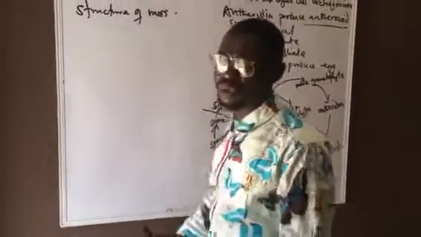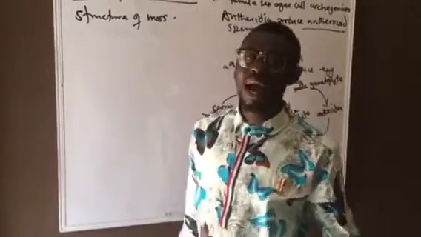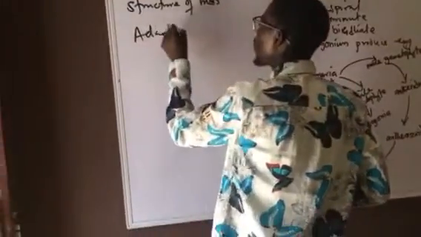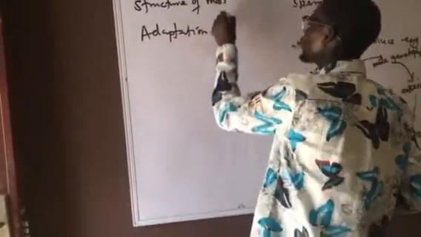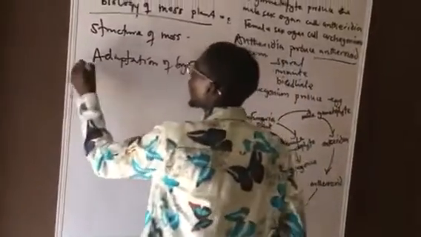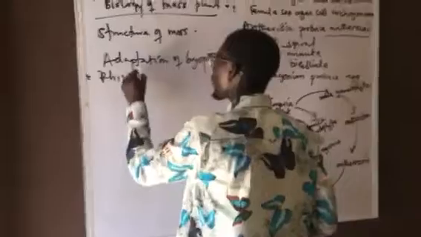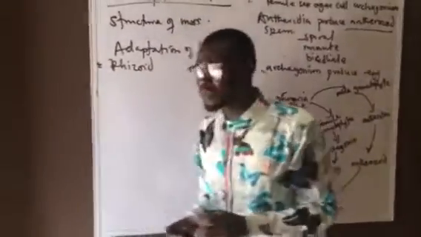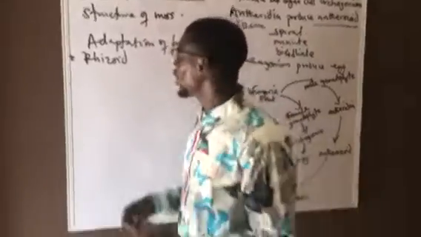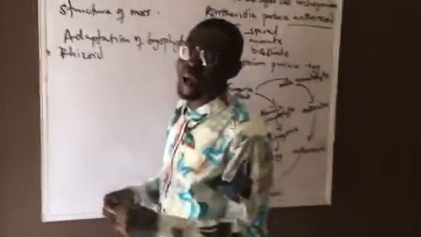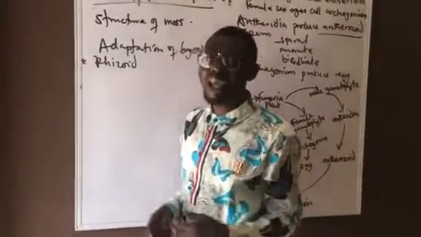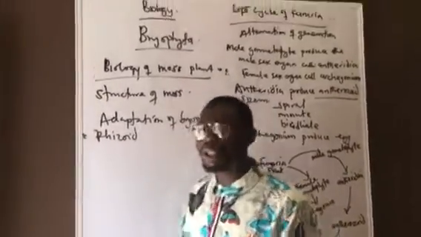When we talk about the adaptations of bryophytes, one, they have rhizoids. These rhizoids help them for attachment, absorption of water, and absorption of nutrients from the soil. Two, they have the ability to retain water in their body.